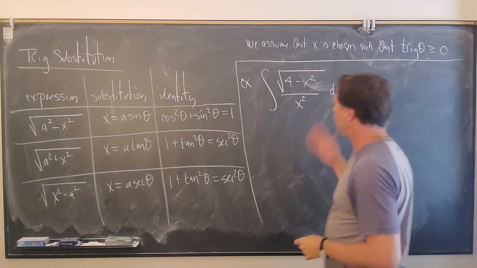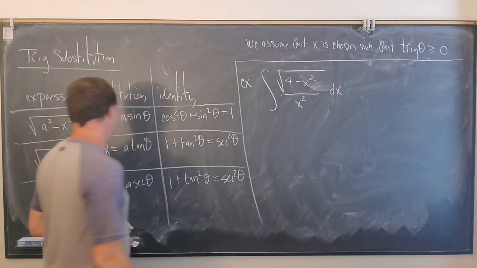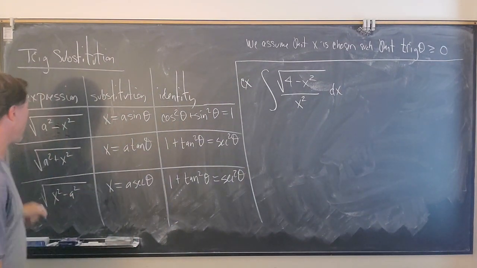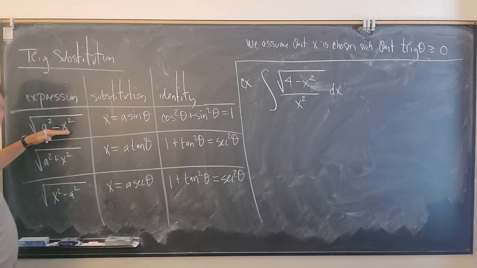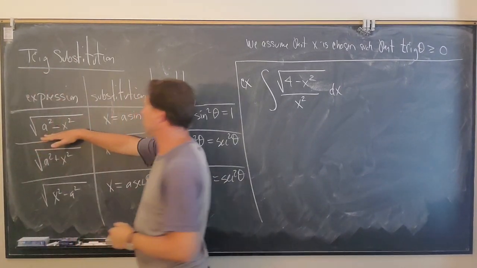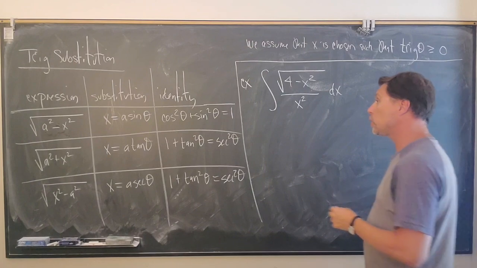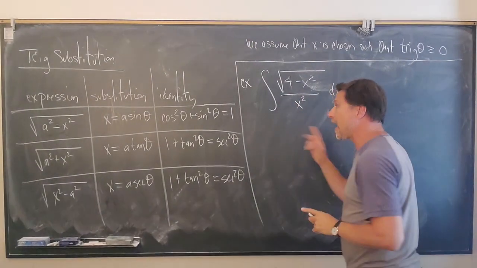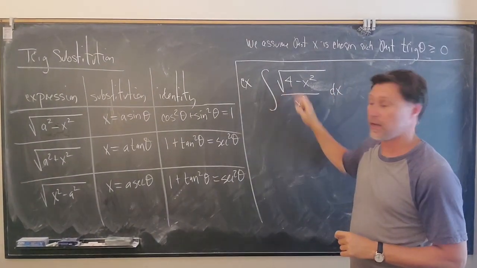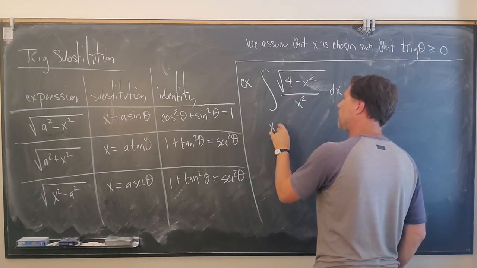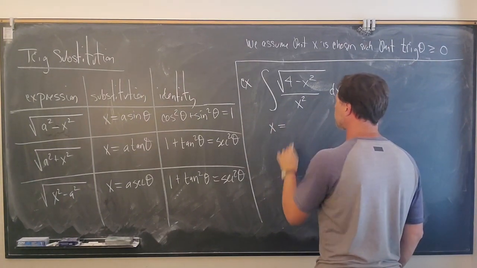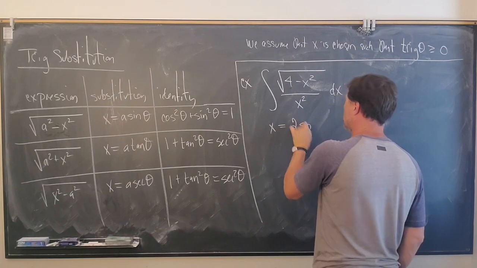This one is tailor-made for trig substitution, and notice it falls into this category of the square root of a squared minus x squared. In this case, a is equal to 2 because I've got a 4 right here. So our substitution is going to be x equals 2 sine theta.